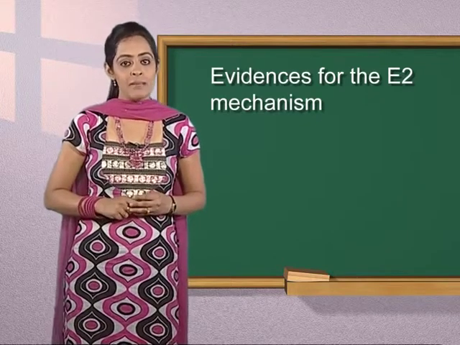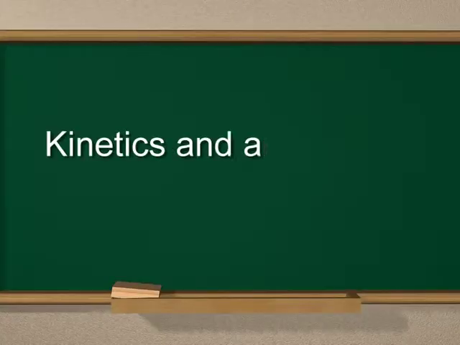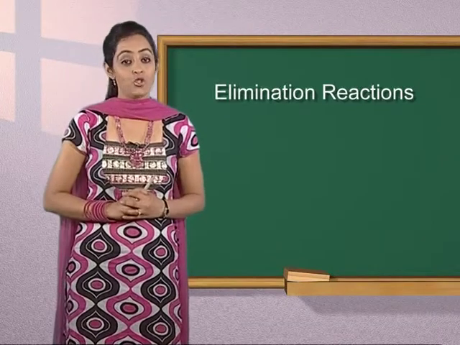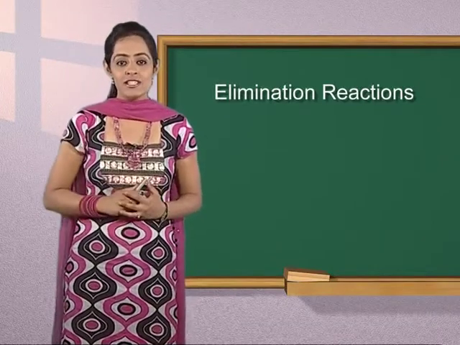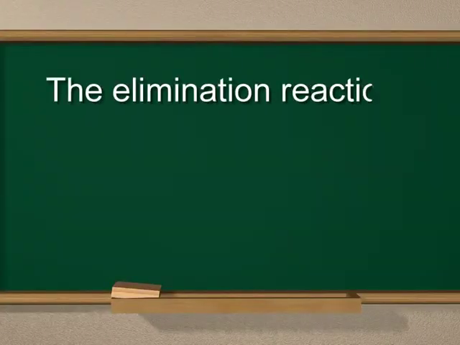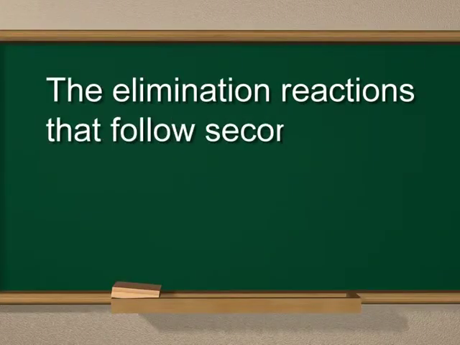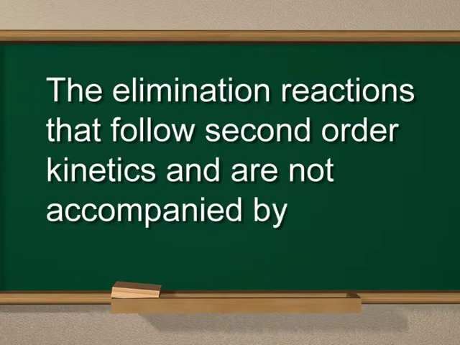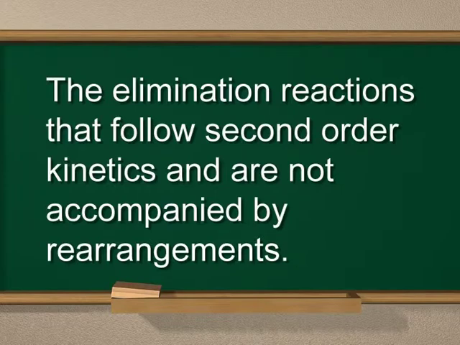We will first learn about kinetics and absence of rearrangements. Children, do you know what is the evidence for the E2 mechanism? The elimination reactions that follow second order kinetics and are not accompanied by rearrangements.